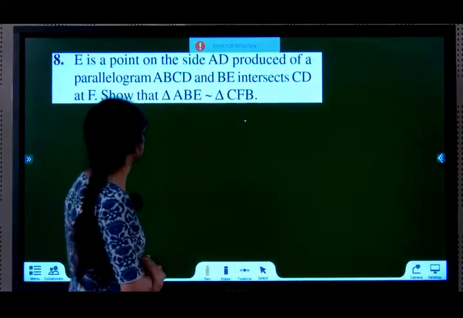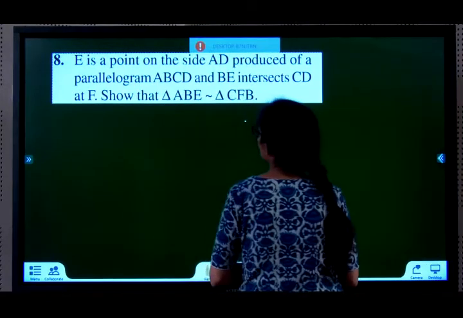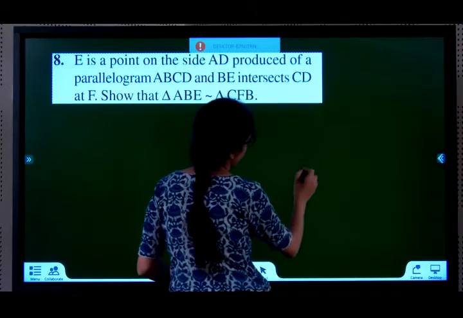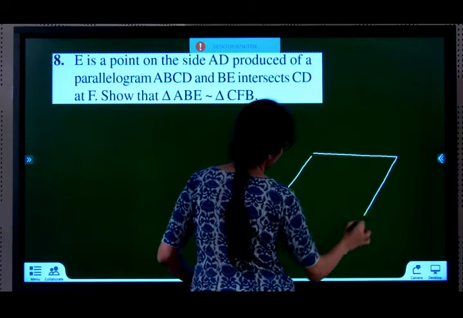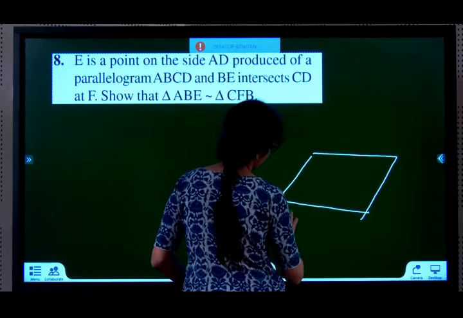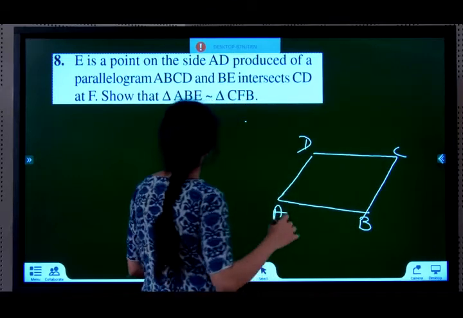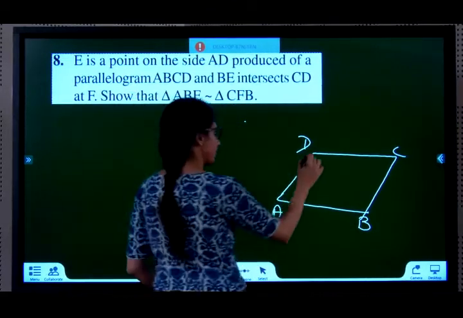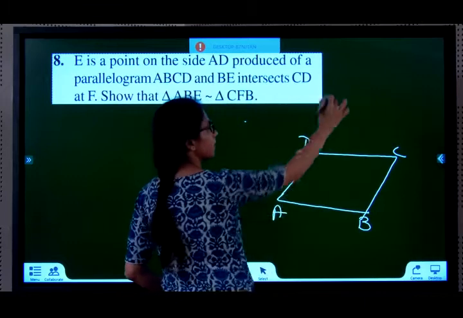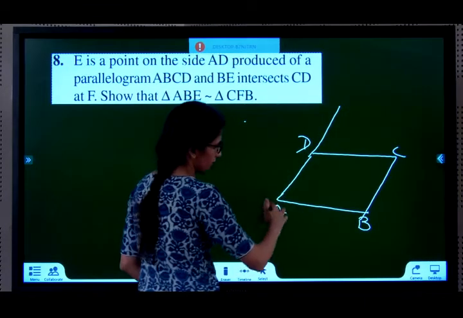Question 8. E is a point on the side AD produced of a parallelogram ABCD. So we have a parallelogram ABCD. E is a point on AD produced. So produce AD, A to D produce. Don't produce this side.